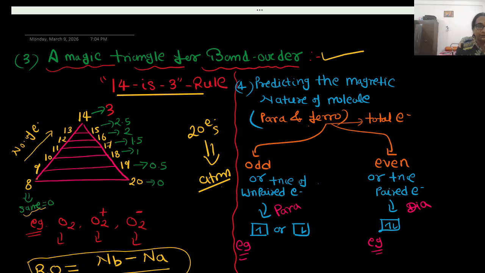From this formula, 20 has 0 bond order and then it increases by 0.5 up to 8. If the atom has 19 electrons, then the bond order will be 0.5. If the atom has 18 electrons, bond order 1, 1.5, 2, 2.5, and at 14 electrons, the bond order will be 3.